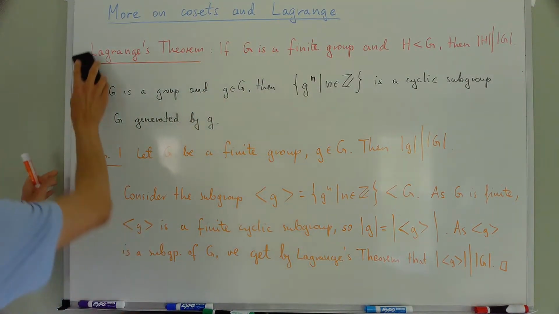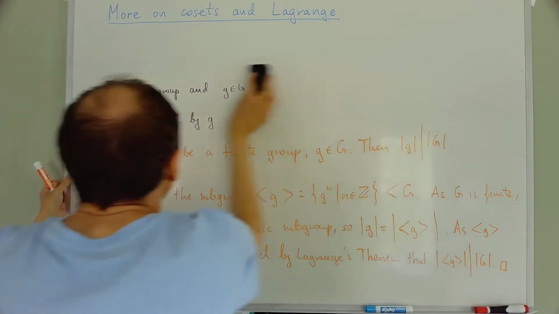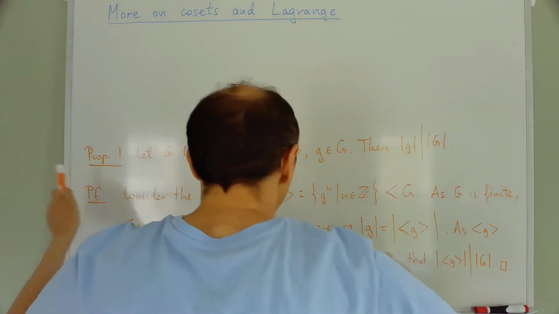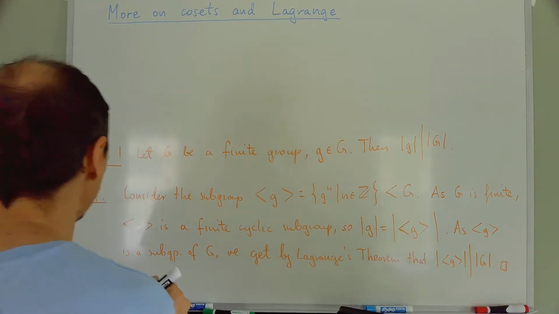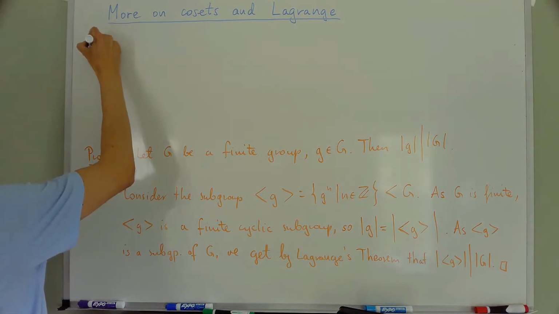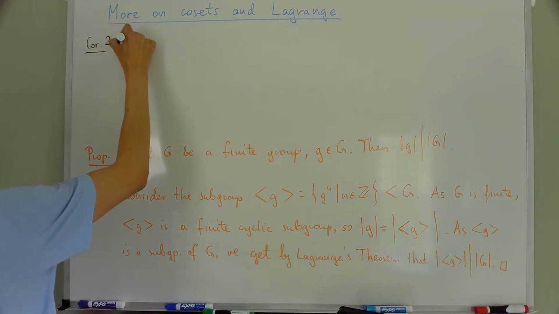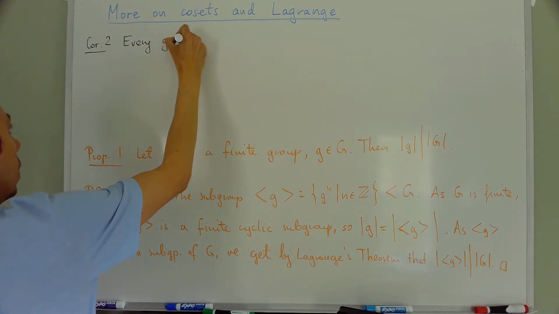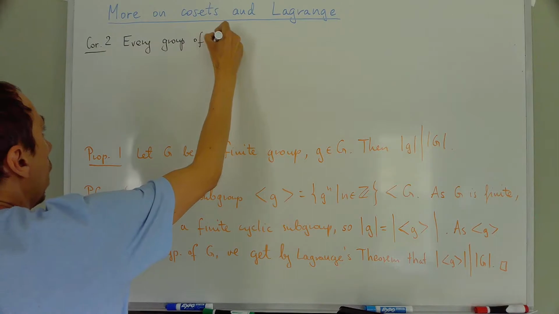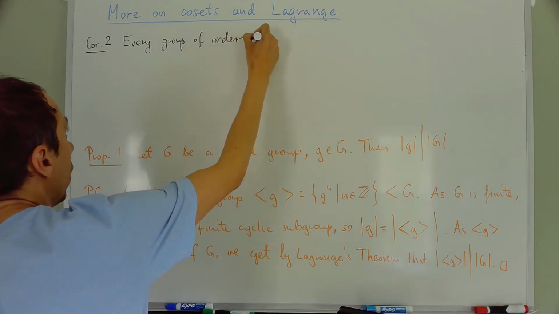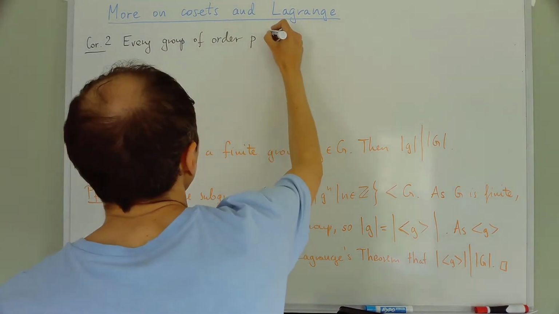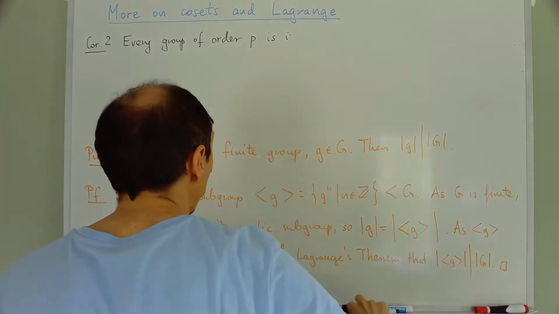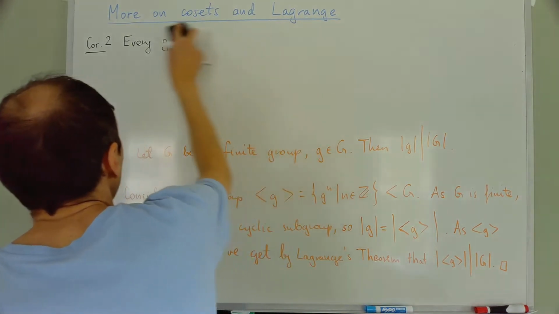This has a very important consequence. So corollary, let's call it corollary 2. Let p be a prime.